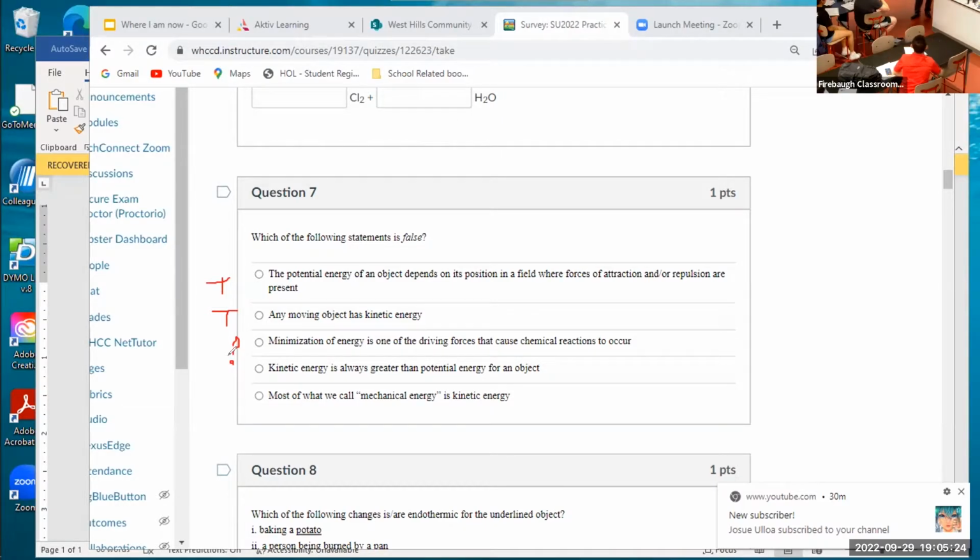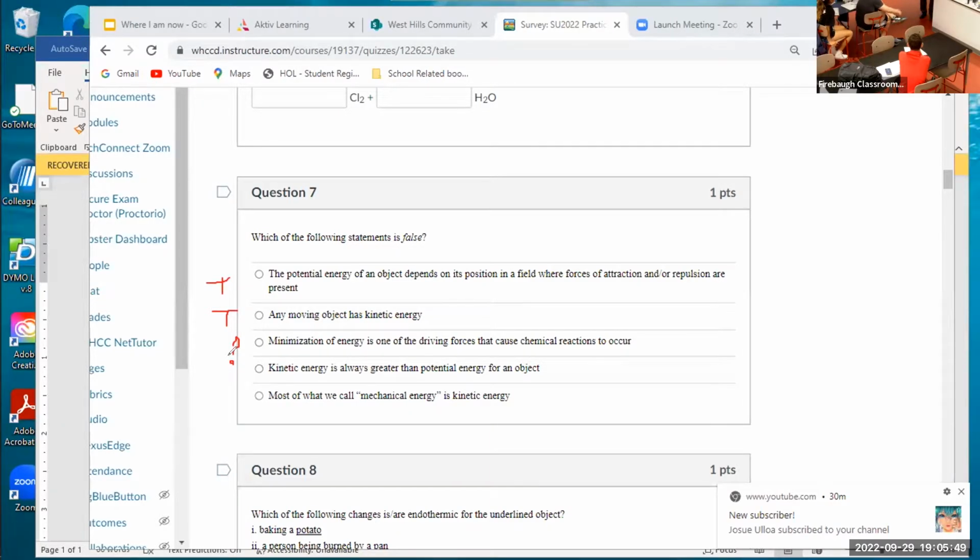Yeah, because gravity is acting on it, right? So it's going to be height and gravity that determine how fast it's going to go. If I knock this down, gravity is going to determine how much kinetic energy it has.